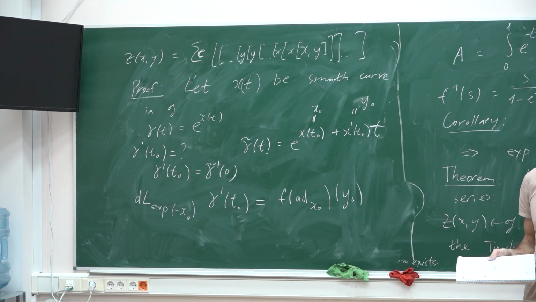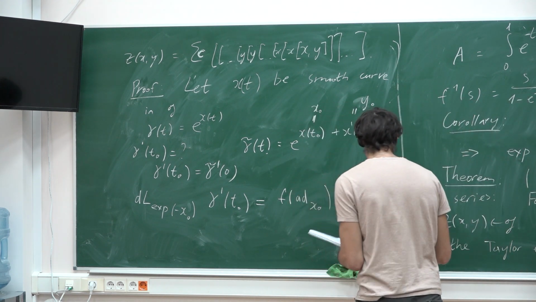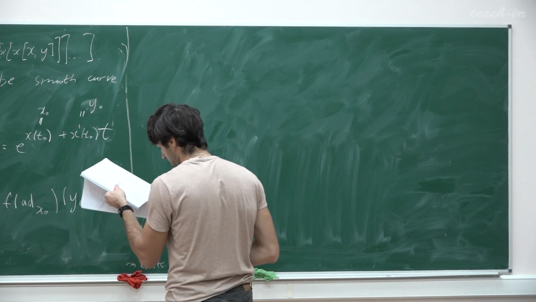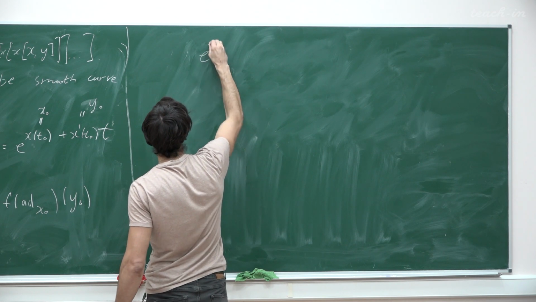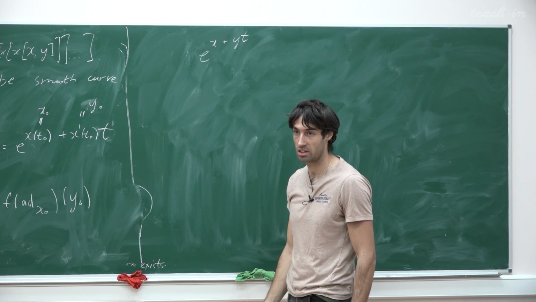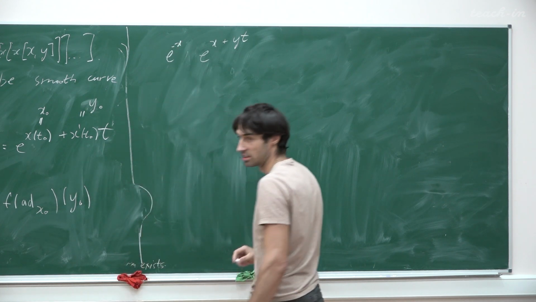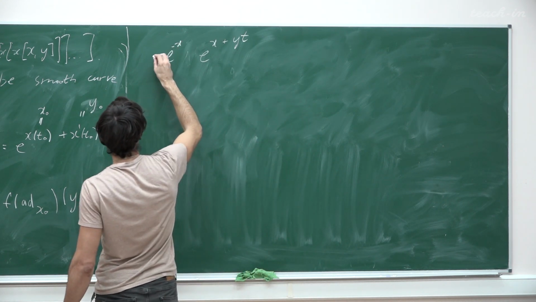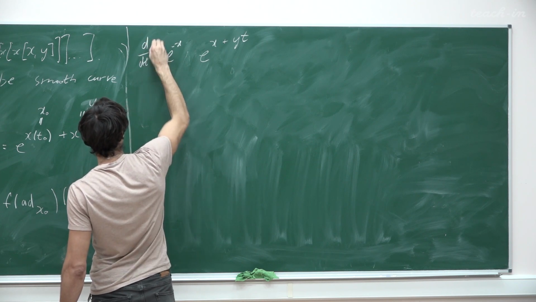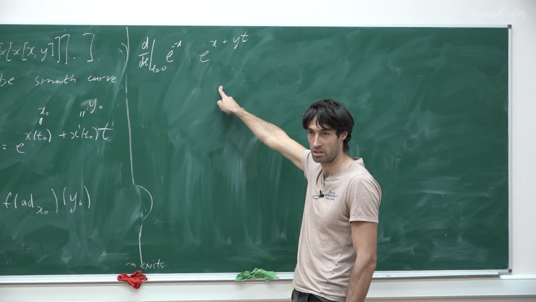So this follows just from our lemma, right? In our lemma, let us reiterate it. Basically, I had e to the x plus yt, and then I applied e to the negative x, and then I considered d over dt of this at t equals 0. So this is exactly what I was doing in the lemma.